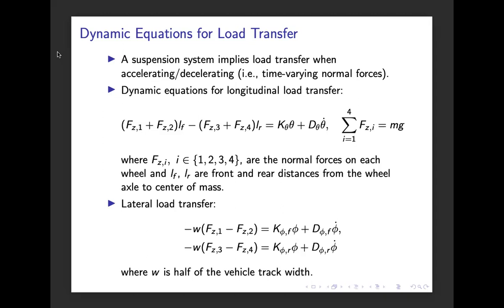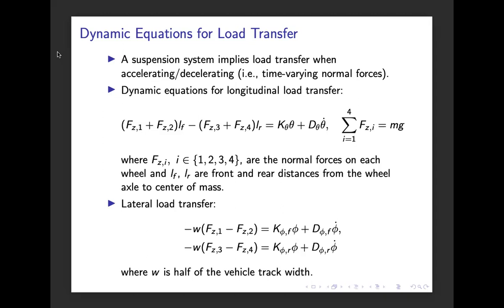So we connect our suspension dynamics modeling with how the normal forces will vary. And L_F and L_R are the front and rear distances from the wheel axle to the center of mass of the vehicle. So they are geometric properties that we can measure on the car.